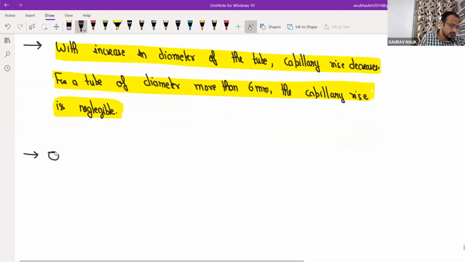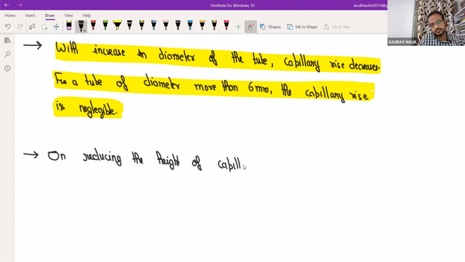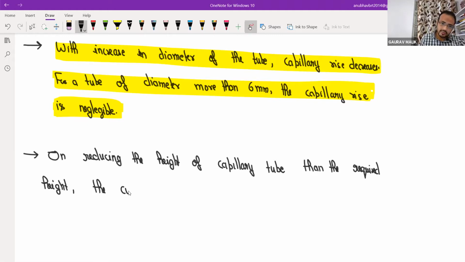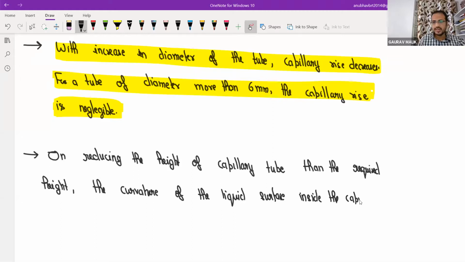One more point: on reducing the height of the capillary tube, the curvature of the liquid surface inside the capillary tube rearranges itself.